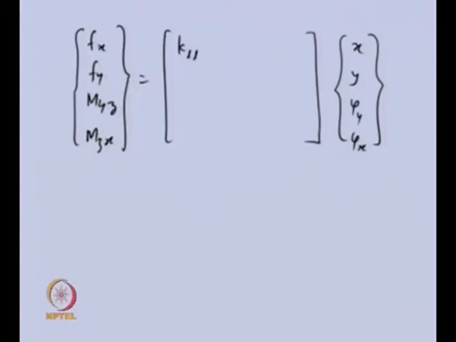This will be KLL, L for linear displacement or A for angular displacement. I am writing half of the matrix because it is symmetric. So now we have related this particular vector through the stiffness coefficients and the displacement vector.